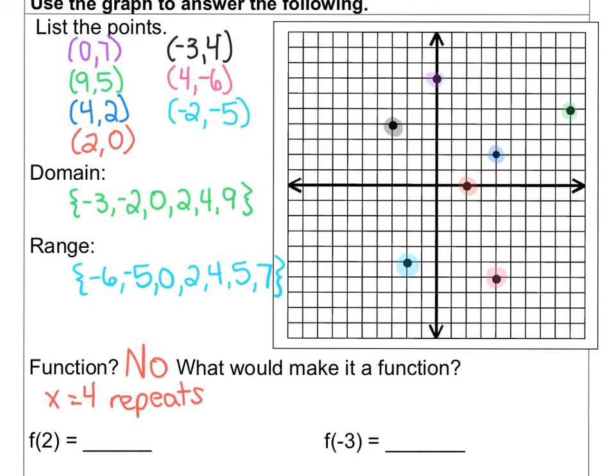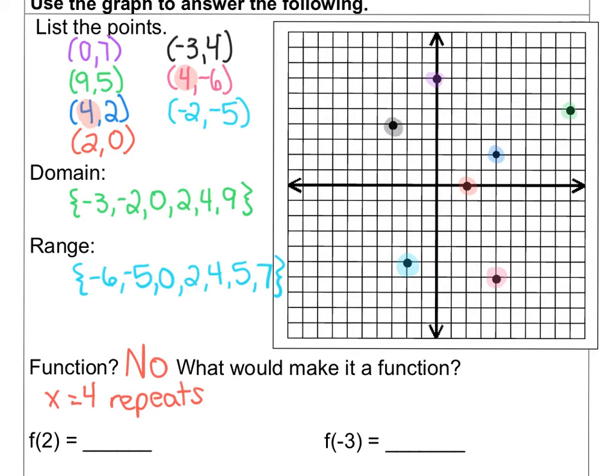Okay, so I found the 7 points. I have them color-coded based on that, and my domain was negative 3, negative 2, 0, 2, 4, and 9, and my range was negative 6, negative 5, 0, 2, 4, 5, and 7. And I put that no, it was not a function because the 4s for the x's repeat. Now, it does say what would make it a function.